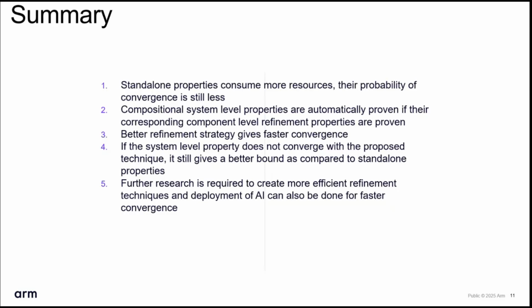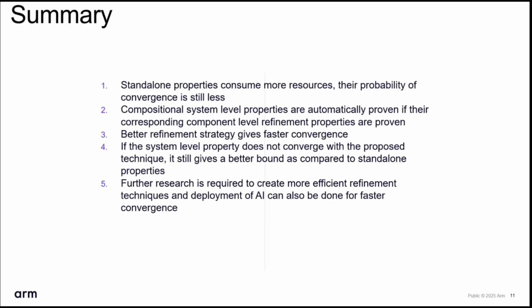Compositional system level properties are automatically proven if their corresponding component level refinement properties are proven. That's a very important line, because if you have, let us say, for a given system property, 3 component level properties and they're all proven, then I'm not much bothered about the convergence of the system level property, because a specific composition will automatically model that behavior.